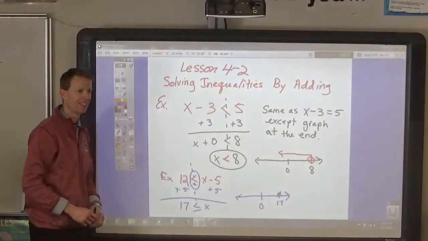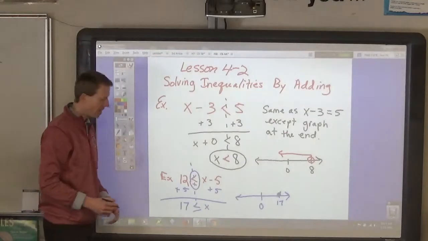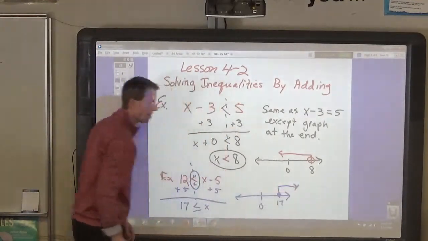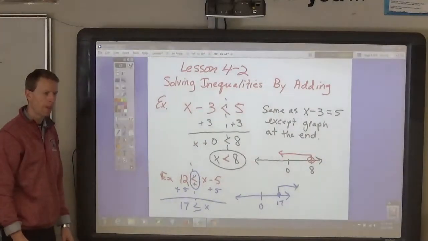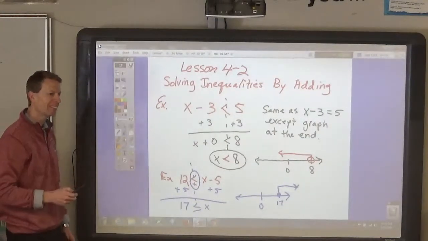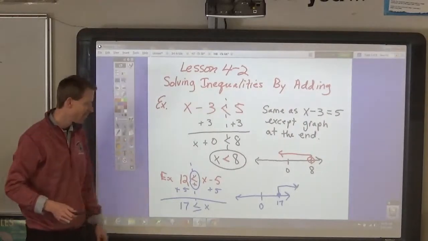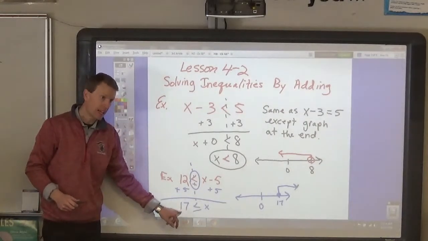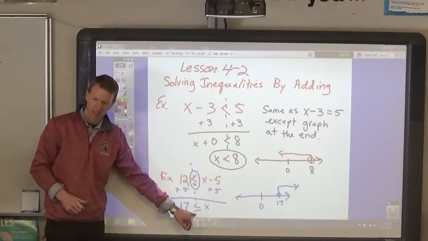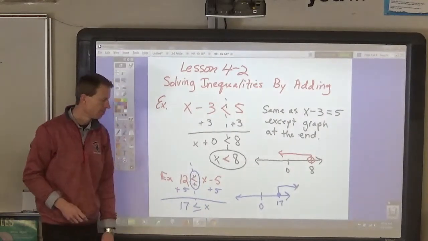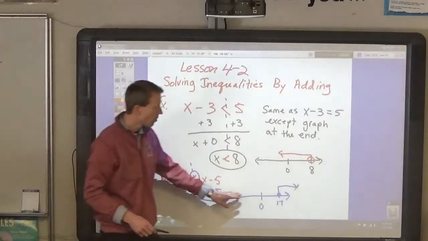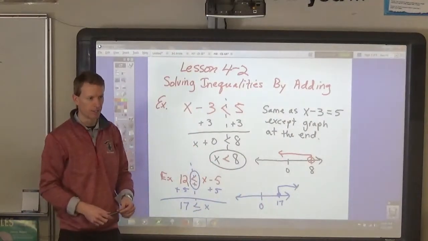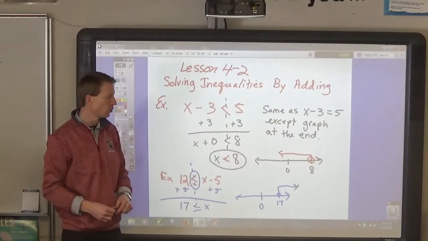Because x is greater than 17. Okay? Aiden, is that what you were going to say? Yeah. You're right. X is greater than or equal to 17 because 17 is less than or equal to x. So remember, your graph always has to show what x is, what the variable is.